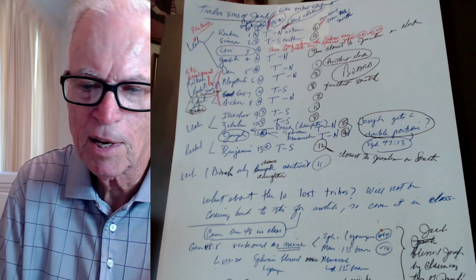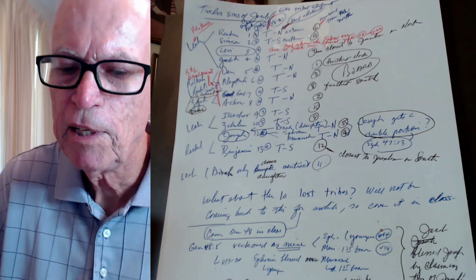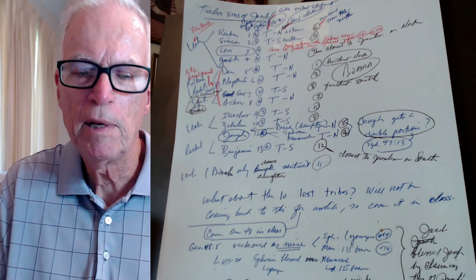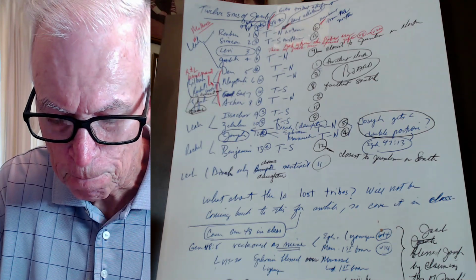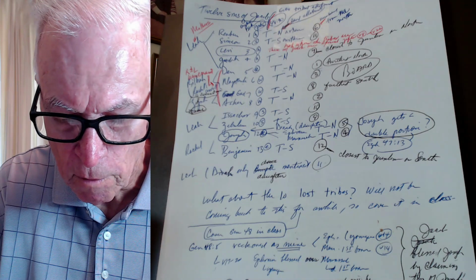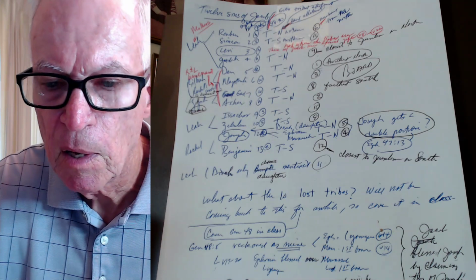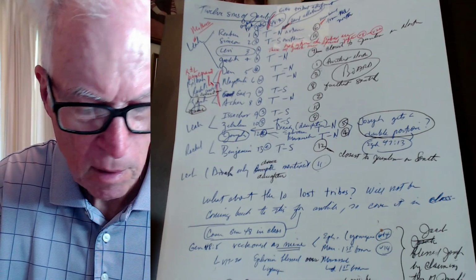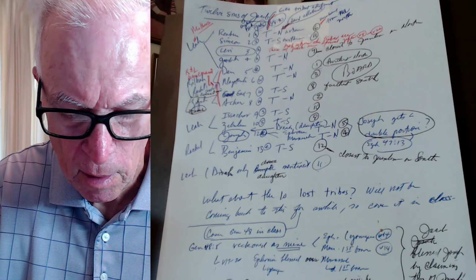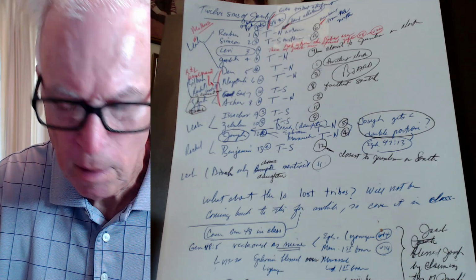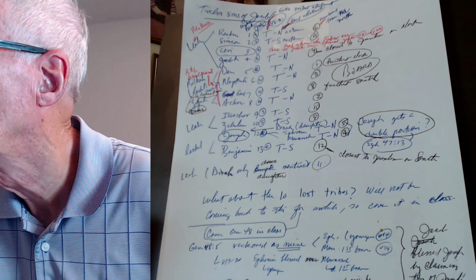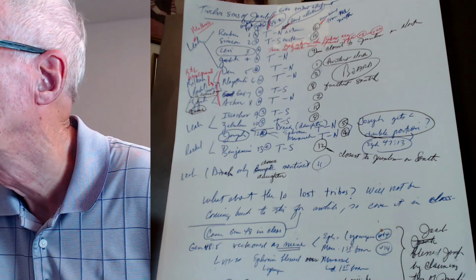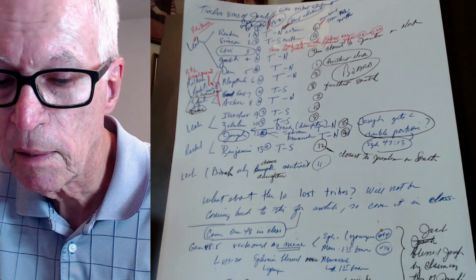That's the first 7. Then what you need to do from there, we're going to jump a whole big bunch of verses and go over to verse 8 is Gad.